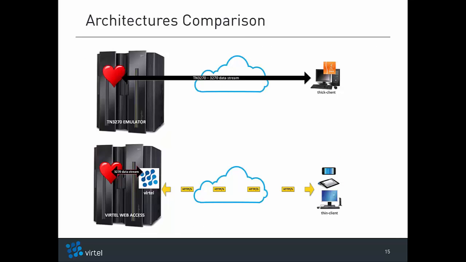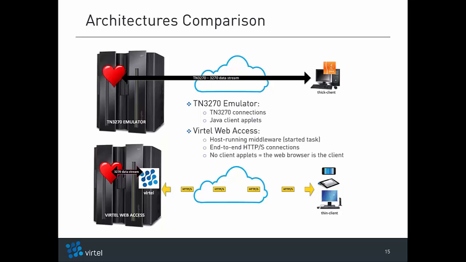When it comes to security, the strengths and weaknesses of a 3270 terminal emulation solution result directly from its architecture. Let's compare the architecture of Virtel Web Access to that of TN3270 emulators. TN3270 emulators rely on TN3270 connections and distributed client applets, typically Java client applets.